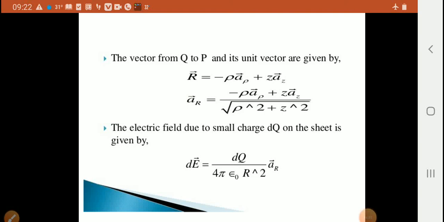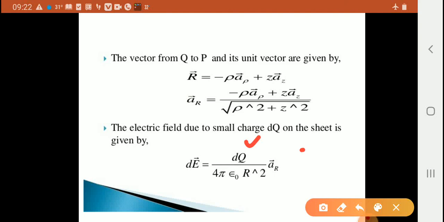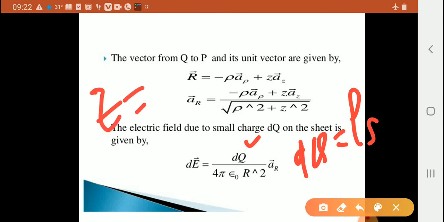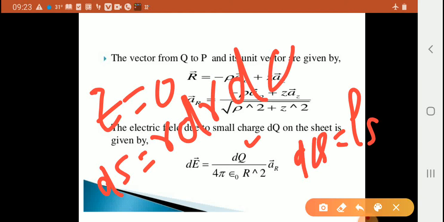But dq equal to rho s, the sheet charge in the xy plane. That means it is the plane where z equal to 0. Thus ds equal to r dr d phi.